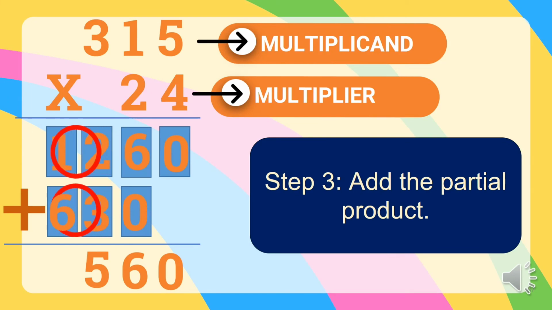And 1 plus 6 is equal to 7. Therefore, 315 times 24 is equal to 7,560. The product of 315 times 24 is 7,560.